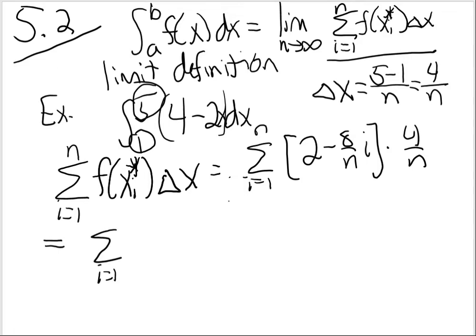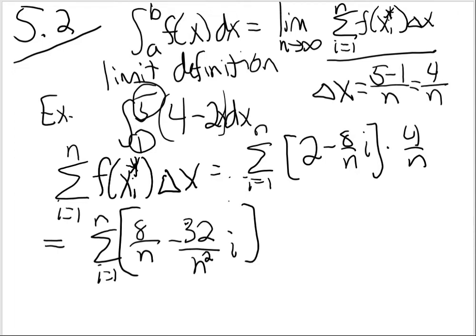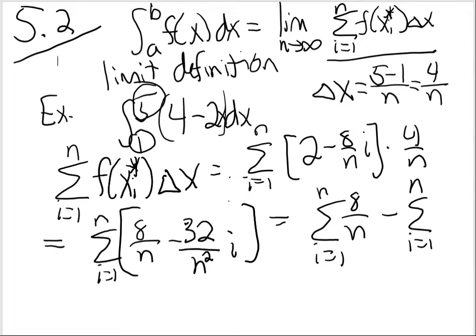Well, this is going to be 8 over n minus 8 times 4 is 32 over n squared i. And we can use our rule that lets us split it up: the sum from i equals 1 to n of 8 over n minus the sum from i equals 1 to n of 32 over n squared i.